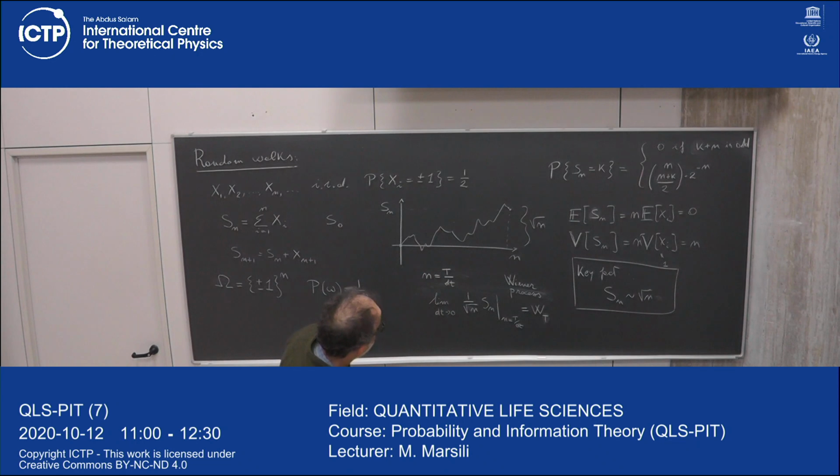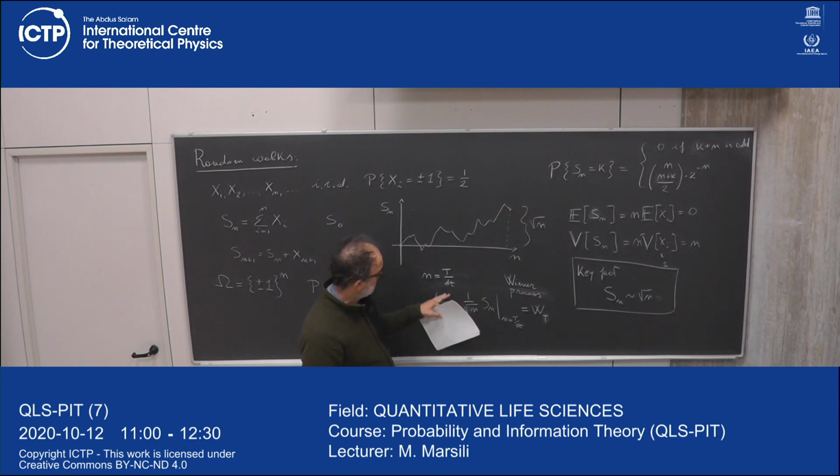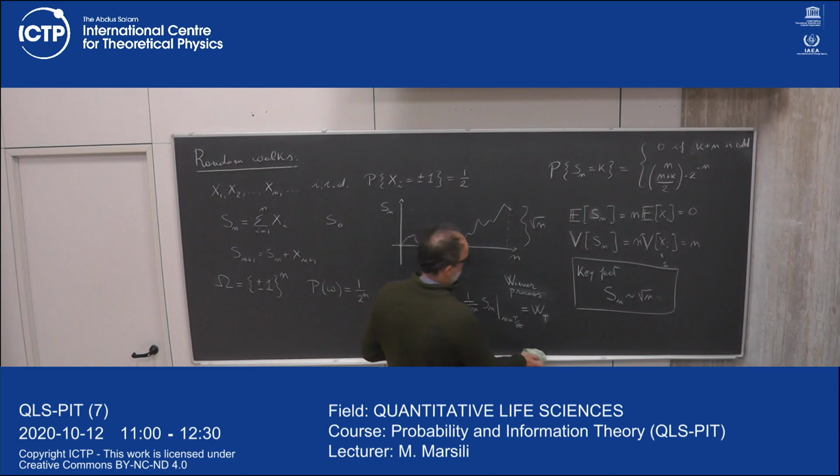Okay? And this tells you essentially that the properties of random walks for large values of n are going to become universal. But we will come back to this.